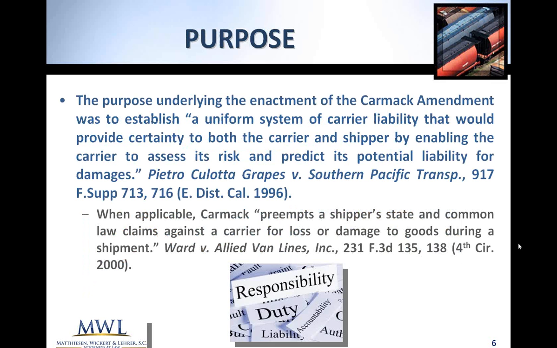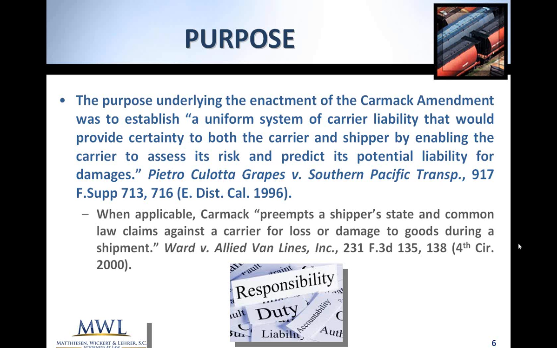The purpose of Carmack is to establish a uniform system of carrier liability that would provide certainty to both the carrier and the shipper by enabling the carrier to assess its risk and predict its potential liability for damages. What this means is that a carrier and a shipper needed one uniform set of laws by which their rights and remedies would be governed when shipments are being transported through different states.